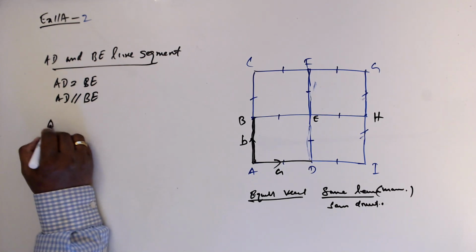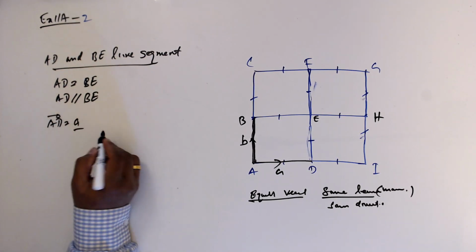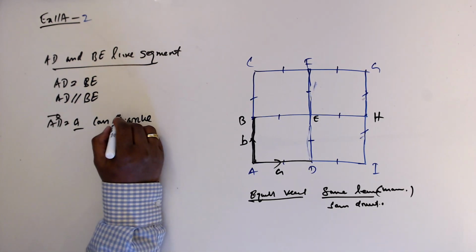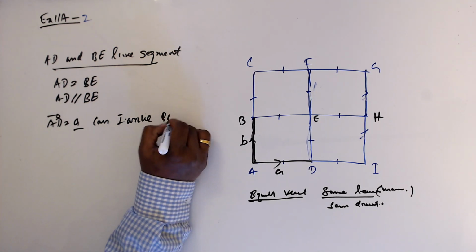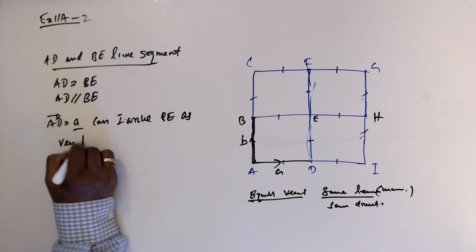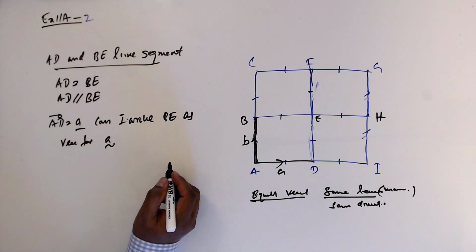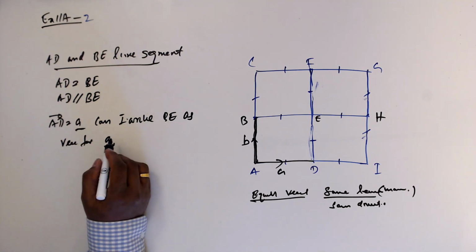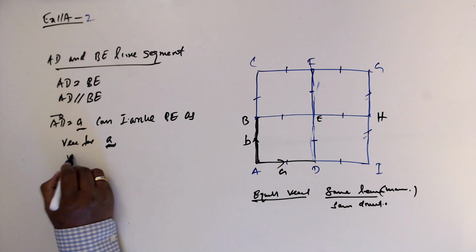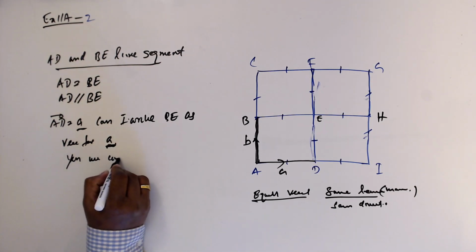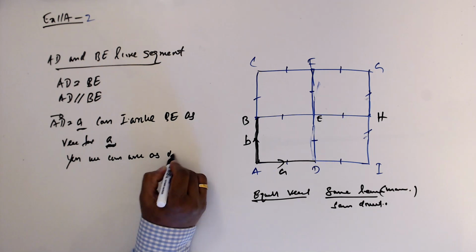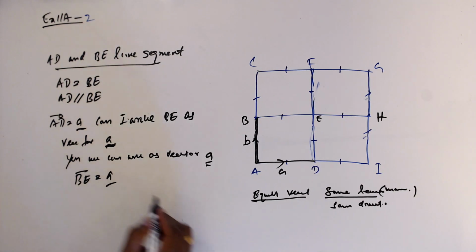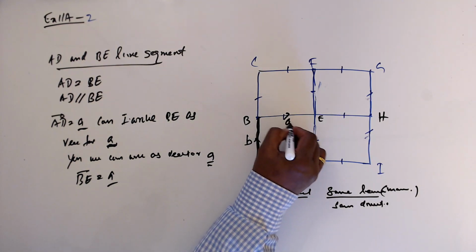Then also I know AD is vector A. Can I write BE as vector A? I can't bold this one, so for now I put this symbol. Yes, we can write it as vector A. So basically B to E we can write as vector A. It means this is also A.